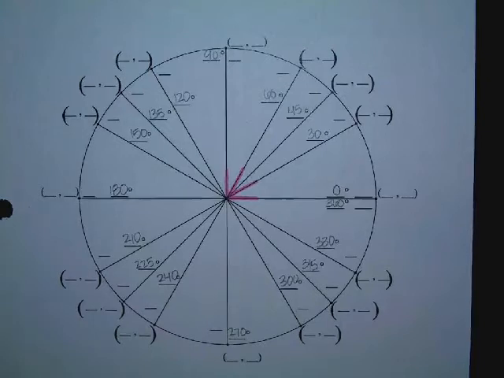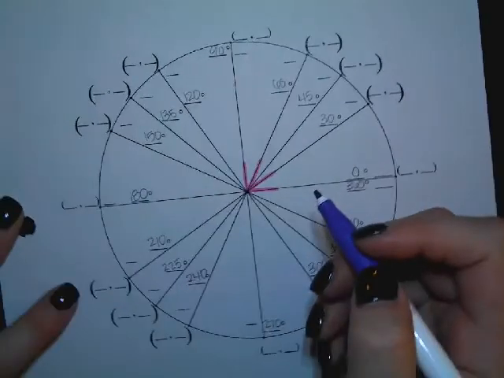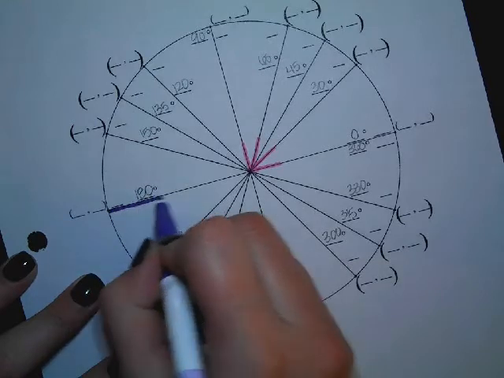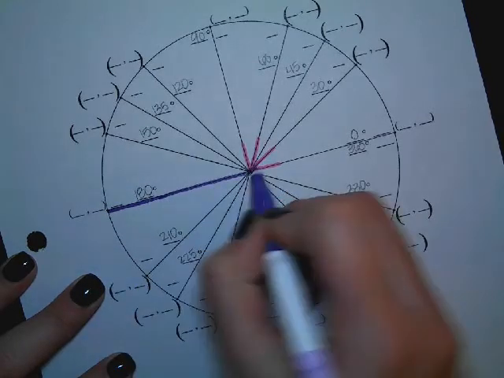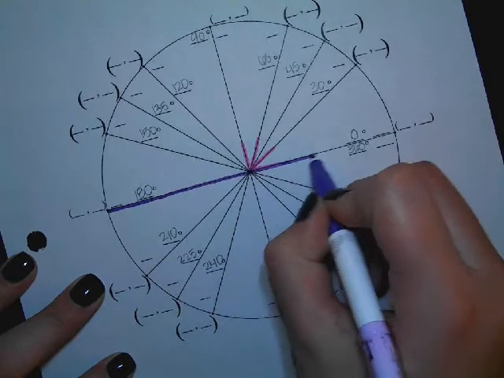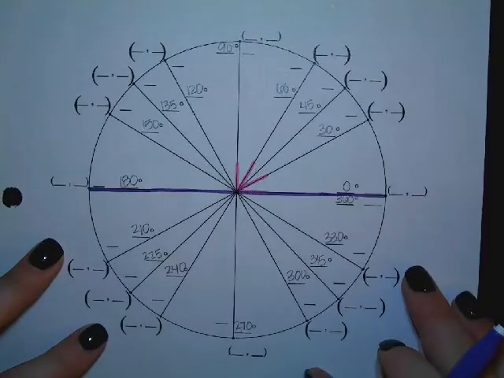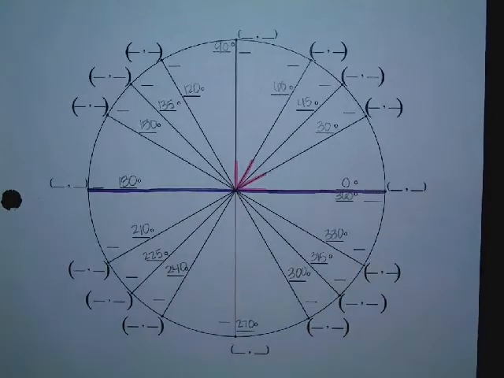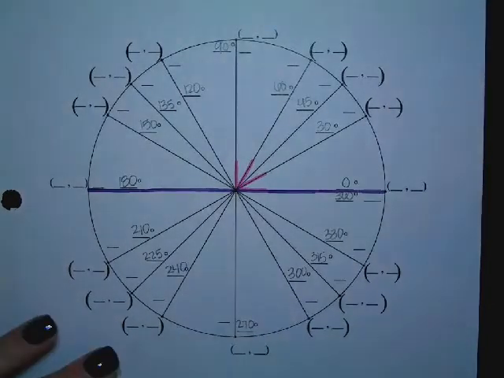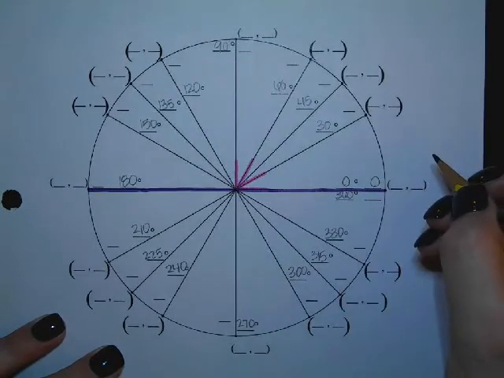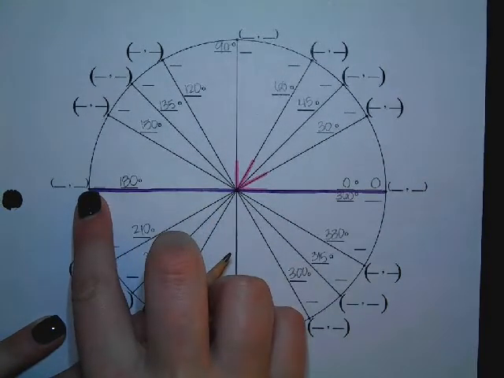So here's what I need from you. I need you to take a color and go across the middle. Okay, so we know that this is 0 radians, and what's this over here?